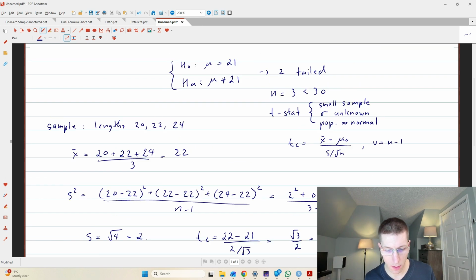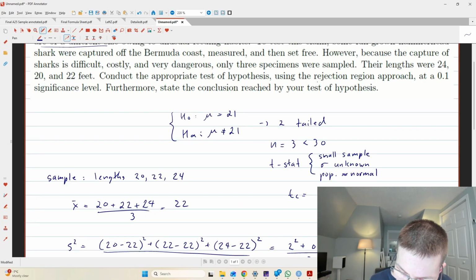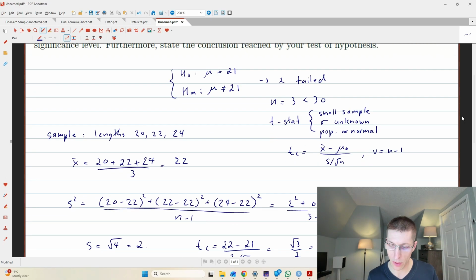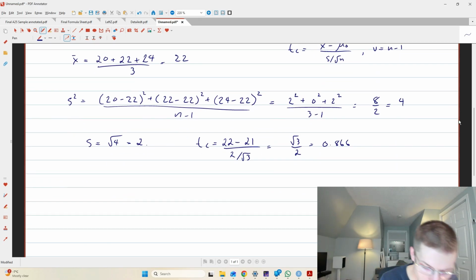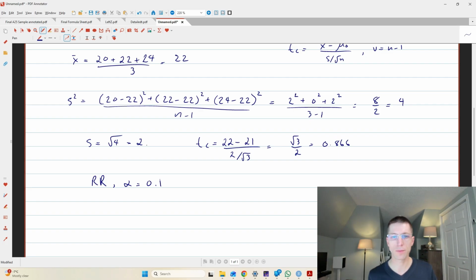And we also need to figure out what's the rejection region. We're told to use the rejection region approach at alpha equals 0.1.